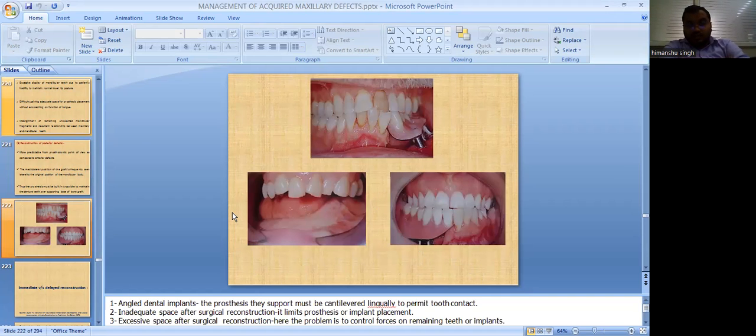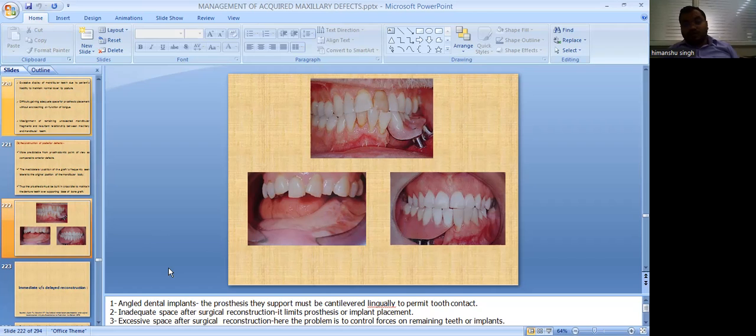This is the case in which partial resection of the mandible is done. With angled dental implants in the prosthesis, their support can be a cantilever lingual to permit tooth contact. These are the angled dental implants.